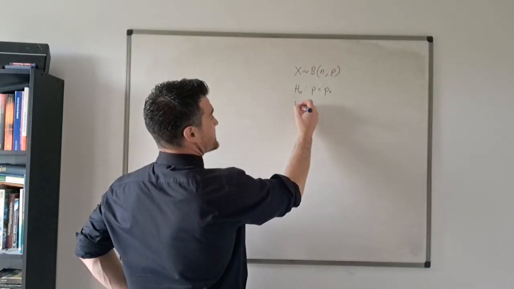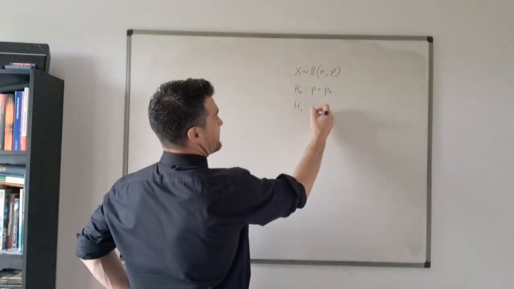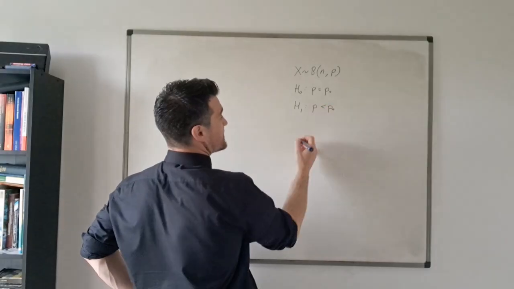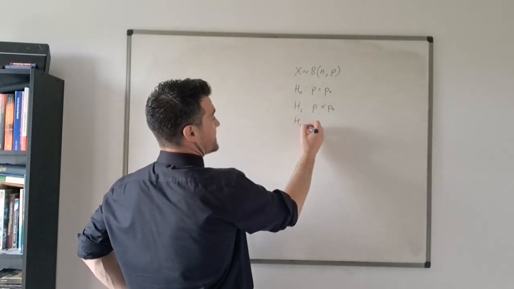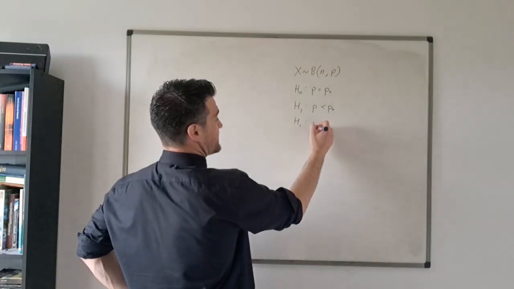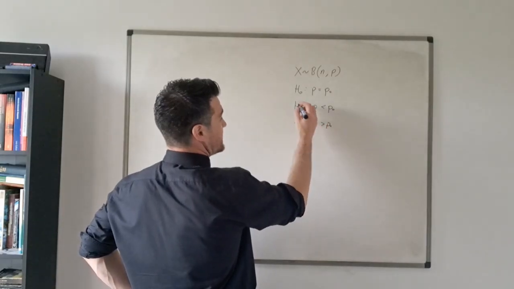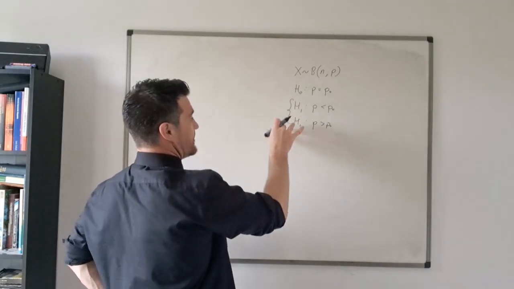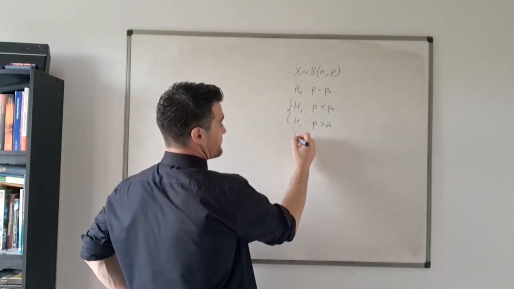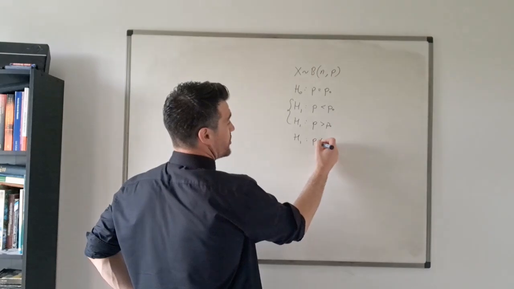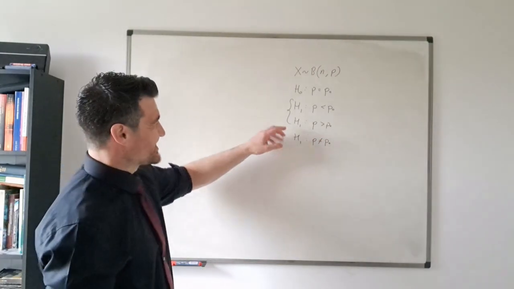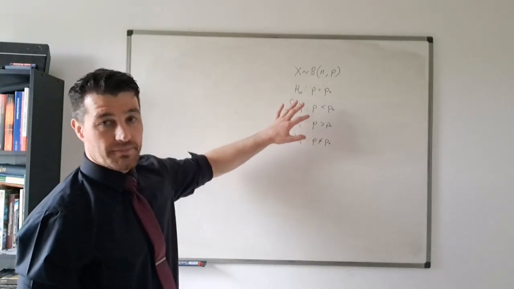The two forms that I'm going to be looking at are the following: the alternative hypothesis that p is less than p naught, and the alternative hypothesis that p is greater than p naught. They are separate cases, and just for reference, the third one is that p is unequal to p naught, which, as you're probably aware, is just a combination of these two.